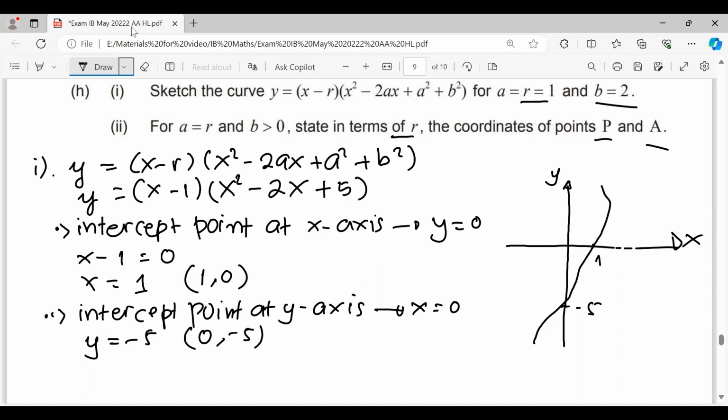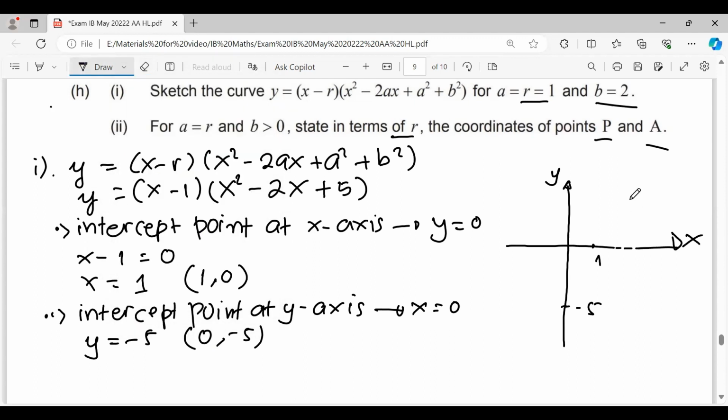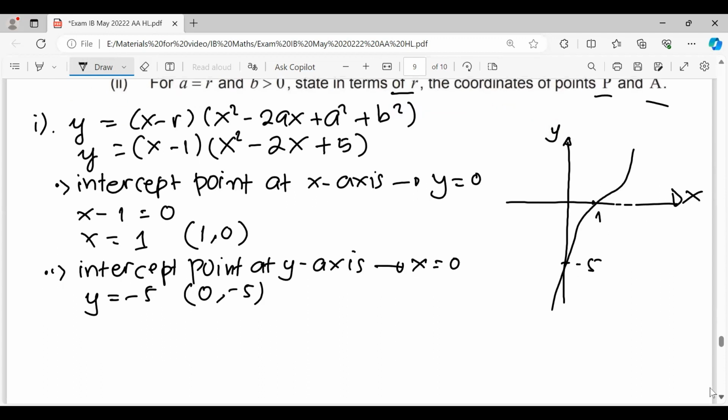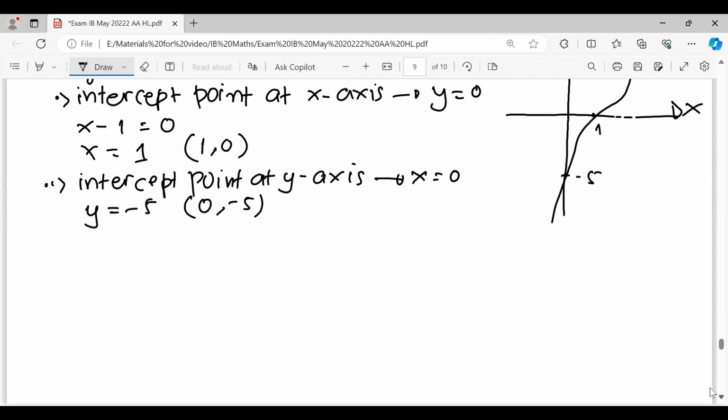Yeah, because this is the graph of a cubic equation. Right. Next.